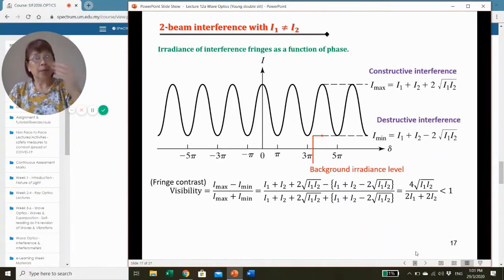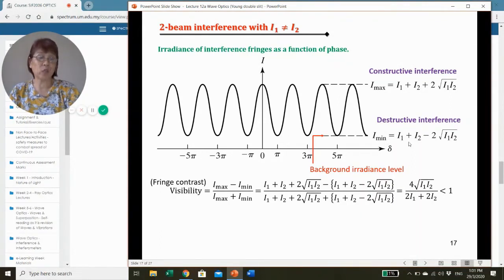So in the case where the irradiances of the two beams are not equal, that is I1 is not equal to I2, we will have the resultant irradiance varying according to a cosine function, oscillating between a maximum given by I max and a minimum given by I min.